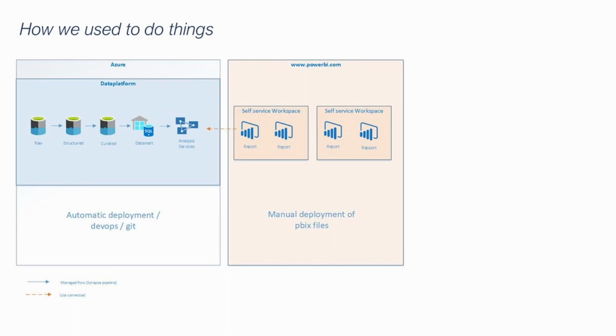It's proven technology, around since I think 2005-ish. It was an older version, multi-dimensional. Now we have the tabular form. And Power BI is basically based on the tabular version of Analysis Services.